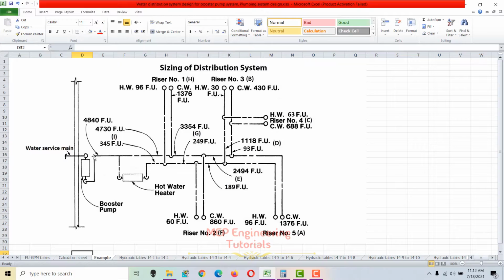This will be sized based on total water supply fixture units, as I mentioned earlier. Total water supply fixture units over here are 4840, so I need to do the pipe sizing for 4840 fixture units.